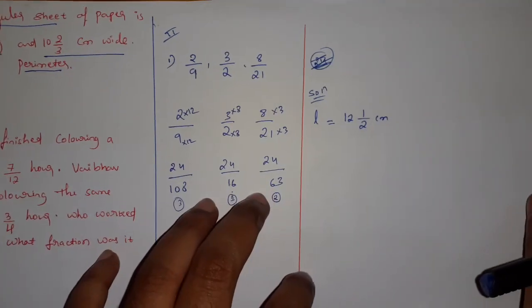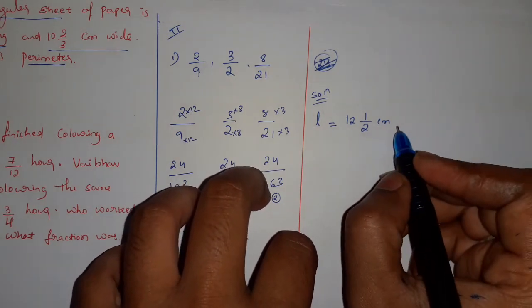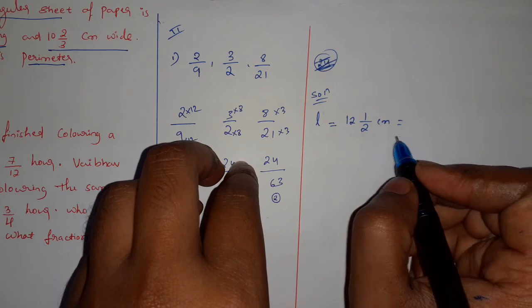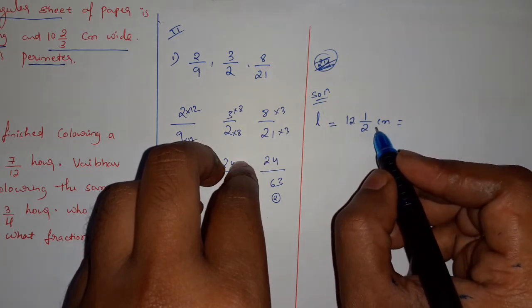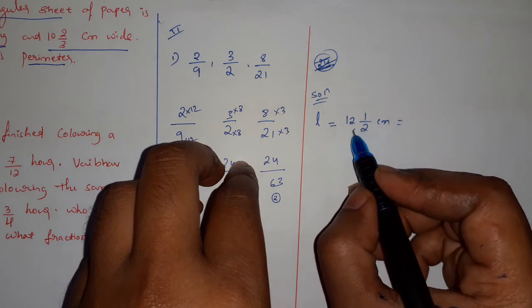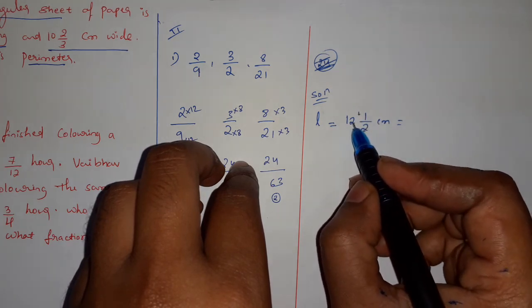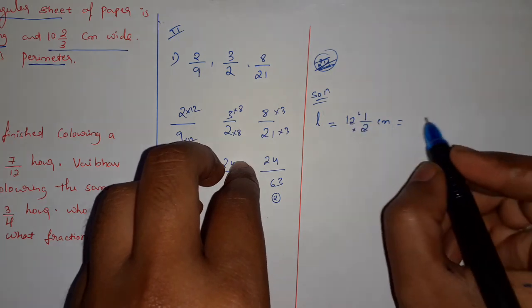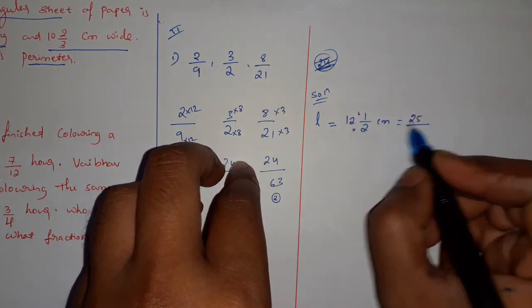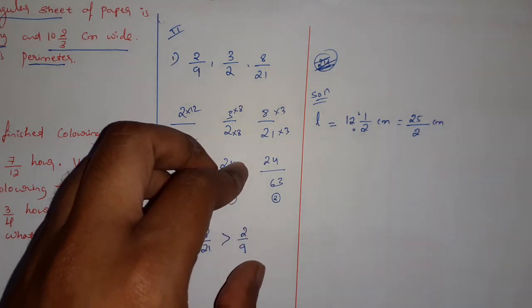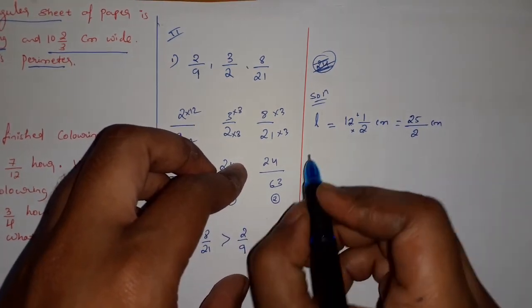It is a mixed fraction, no? Into which fraction do we need to convert it? We need to convert it to improper. 12 times 2 is 24, 24 plus 1 is 25. 25 divided by 2 centimeters. Okay, breadth is how much?